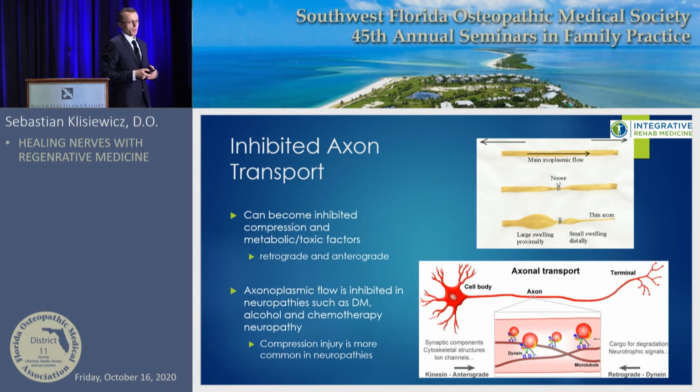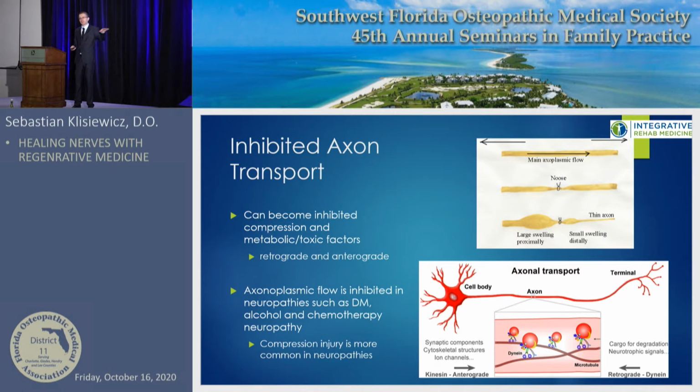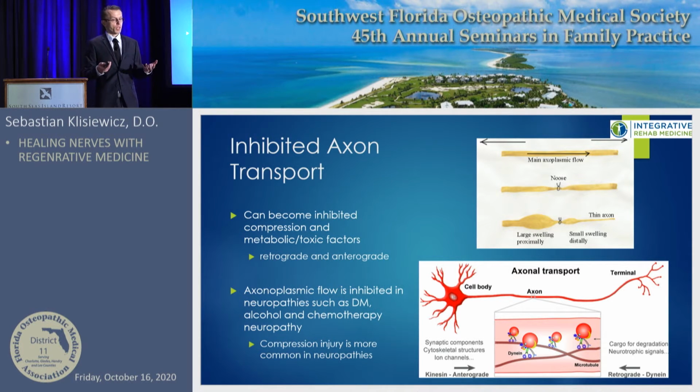So there's also the axon transport system. As I mentioned before, the nutrients are transported back and forth through the axon from the cell body. You've got these little tiny vehicles driving nutrients down the axon to the end organs, and vice versa. Things get brought back. And unfortunately, in pathologies, this axon transport system can be inhibited. It can be inhibited from compression or metabolic and toxic factors.